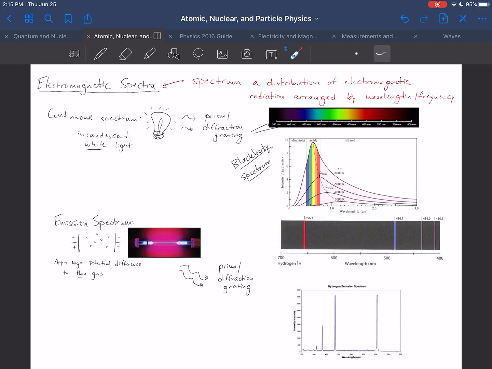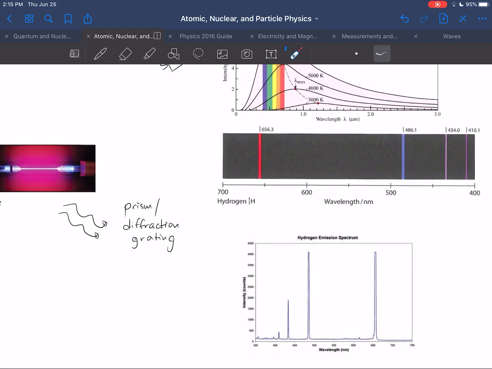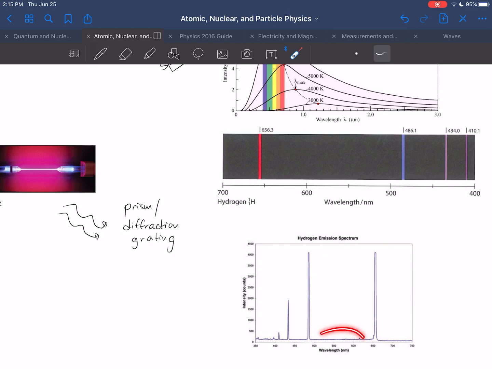But you can also graph it, and we will discuss graphed spectra quite a bit, where this red light is quite bright, and it corresponds to this wavelength here in the graph. So if I zoom into the graph a little bit, you can see that these are higher wavelengths, and so these are red, these are lower wavelengths, and so these are violet, and you can see that there is a peak that corresponds to this red peak right here. The next one over is that blue or turquoise peak.